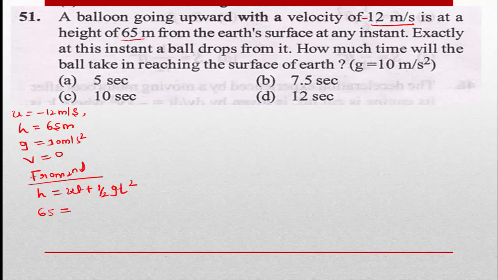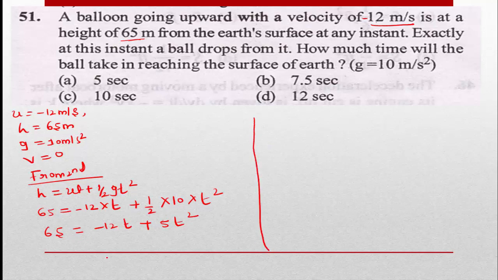So 65 is equal to minus 12 into t plus 1 by 2 into 10 into t square, or 65 is equal to minus 12t plus 5t square. Here 5 into 13 is 65.